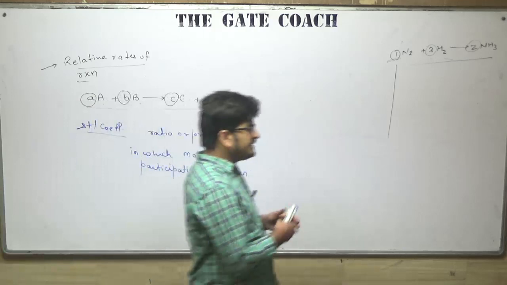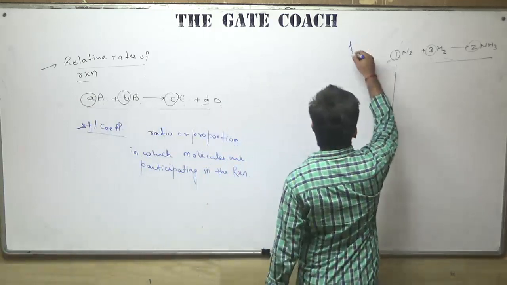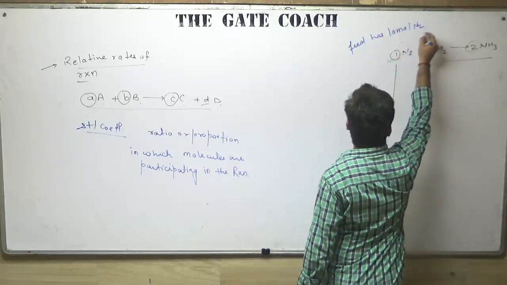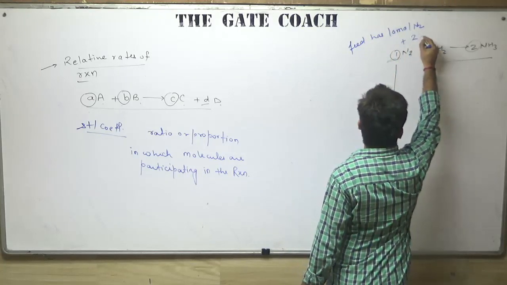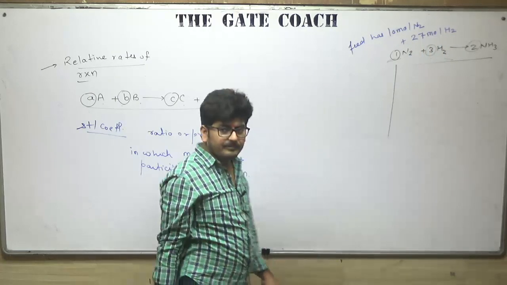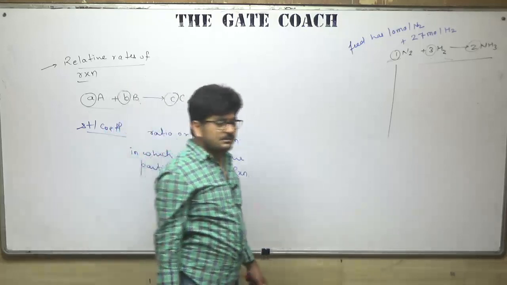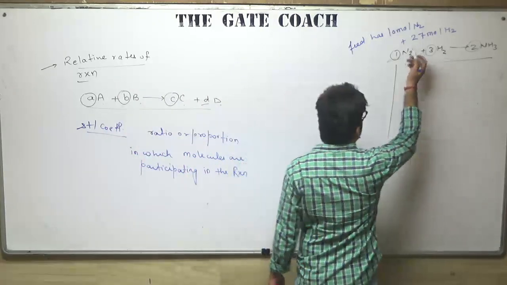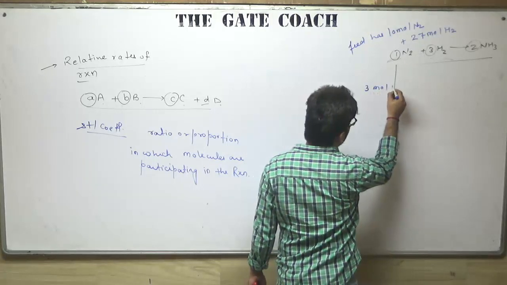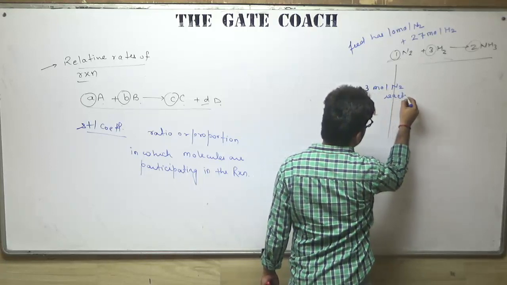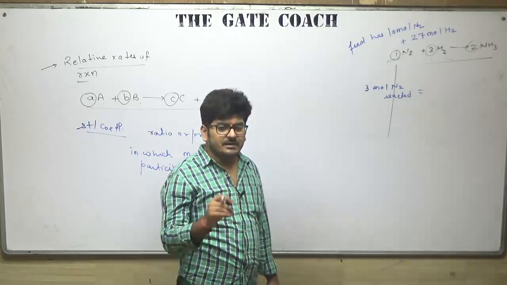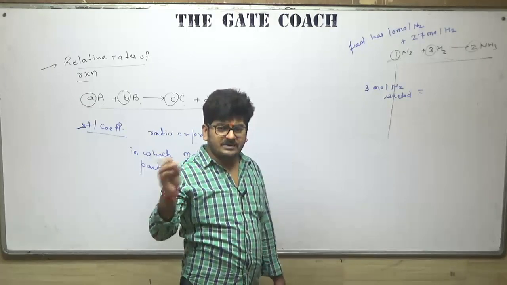Okay, that's why I am writing this example. Suppose my feed has 10 moles of nitrogen and 27 moles of hydrogen. Now, at any moment, suppose 3 moles of nitrogen reacted during the reaction at any time t.